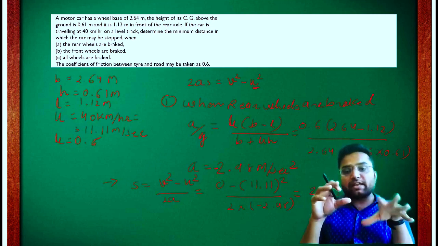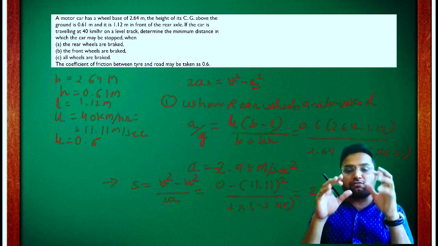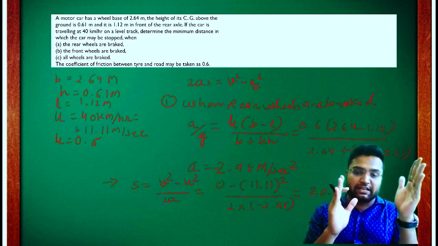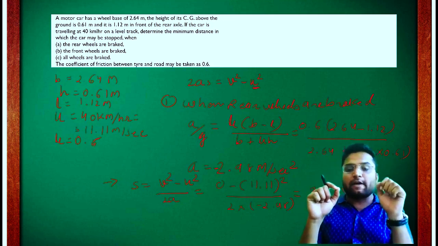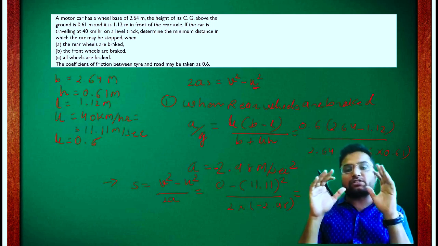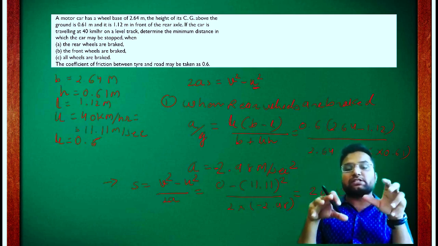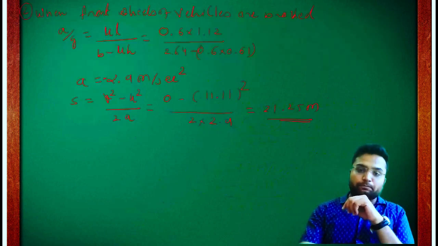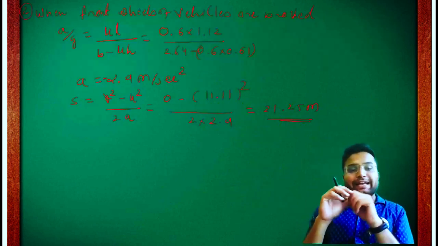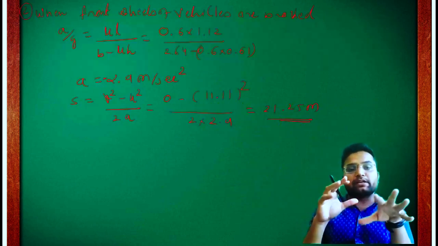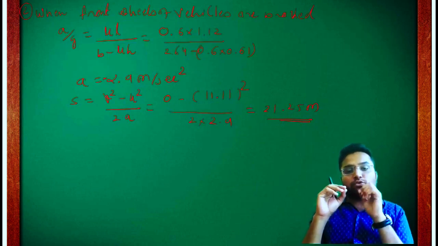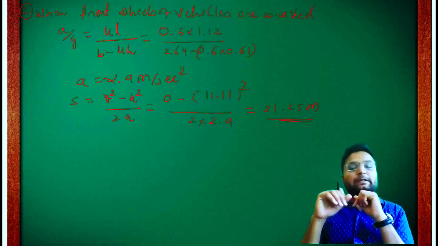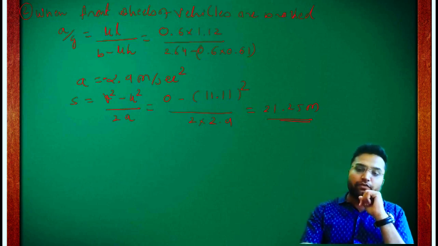For the first case, all we have to find is the acceleration, and then put that acceleration into 2as. For the first case, our acceleration was minus 2.98 meter per second square and the stopping distance is 20.55 meters. For the second case, when the front wheels are braked, the equation will be different and our value will be different also: minus 2.9 meter per second square, and the stopping distance is 21.25 meters.